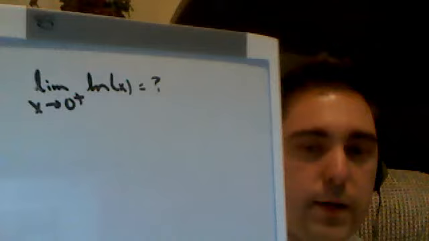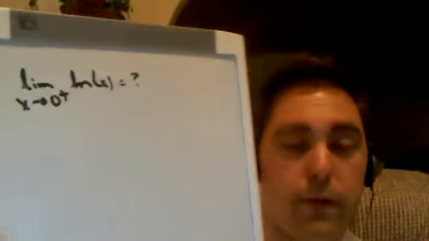Right. Now, let's look at the limit of the natural log of x as x approaches 0 from the right. Obviously, the natural log of x is not defined for negative values of x.